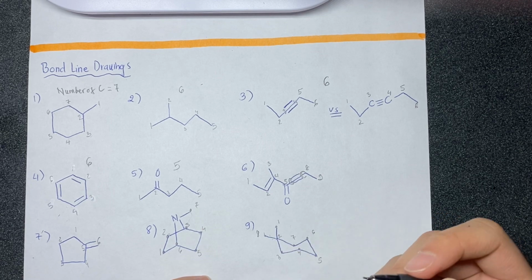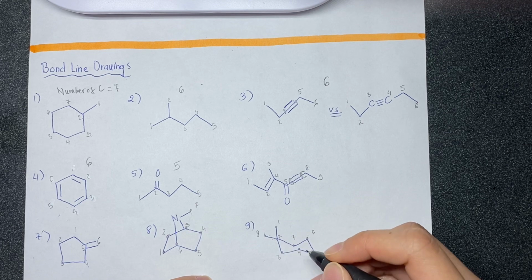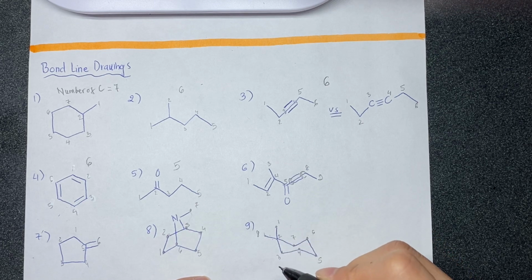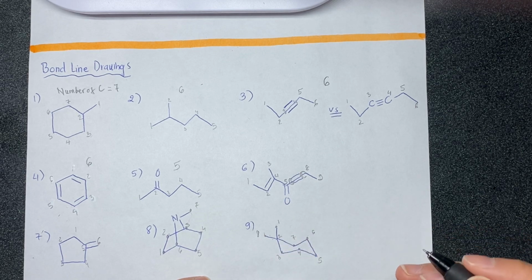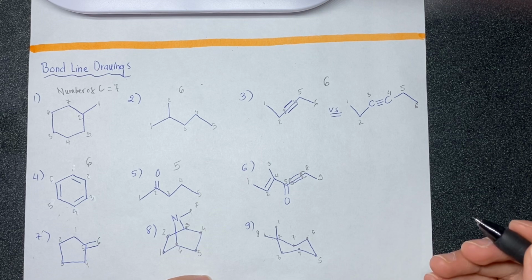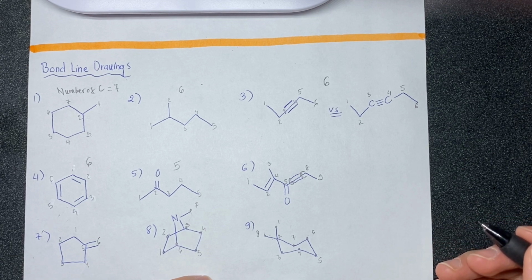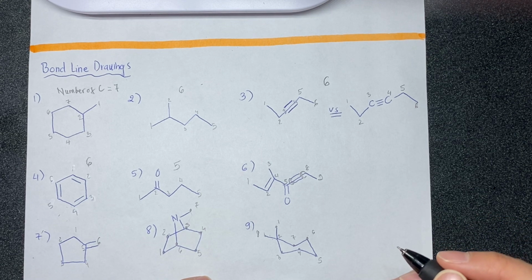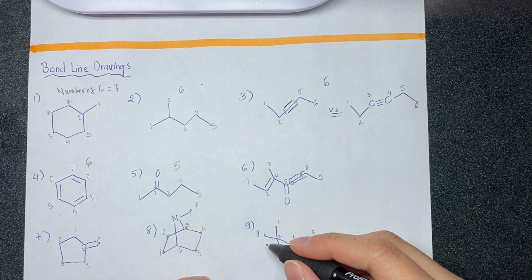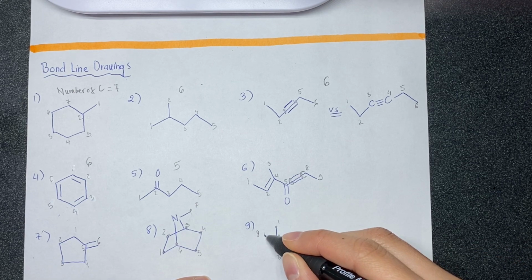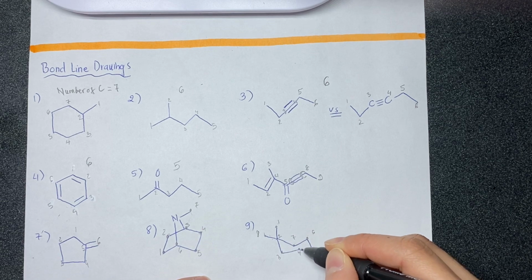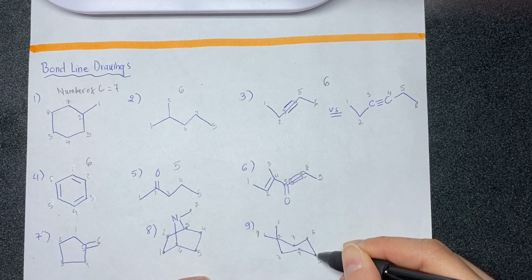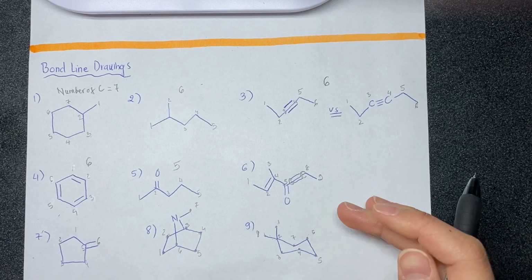All right, so it doesn't matter the order that you count your carbons in this case. You can just start anywhere and then keep counting. And once you get to naming, that's when you start to pay attention to the order in which you count your carbons. But right now, you can start anywhere. It's going to be 1, 2, 3, 4, 5, 6, 7, 8. 8 right here.